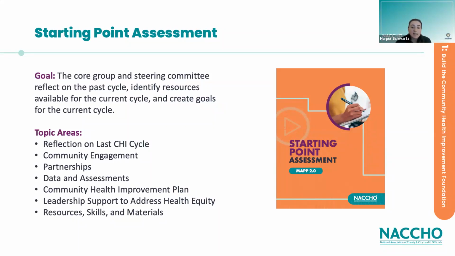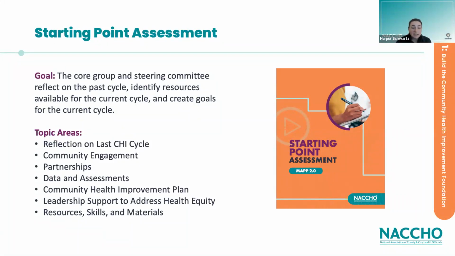Another topic area is a look at the data collected in the last community health assessment and opportunities to better assess root causes of health inequity and social determinants of health. There's also an analysis of the last community health improvement plan and to what extent the goals and objectives were met, as well as how many addressed health outcomes, social determinants of health, or root causes of inequity.